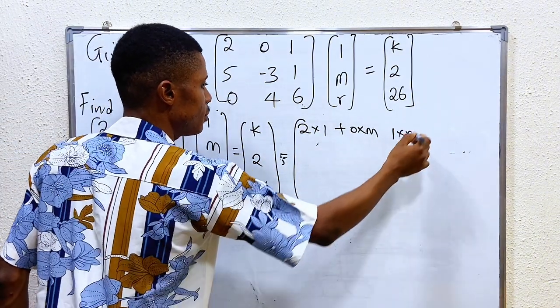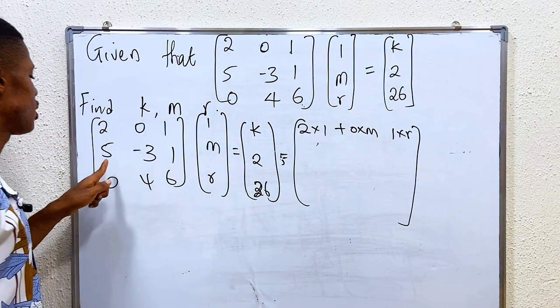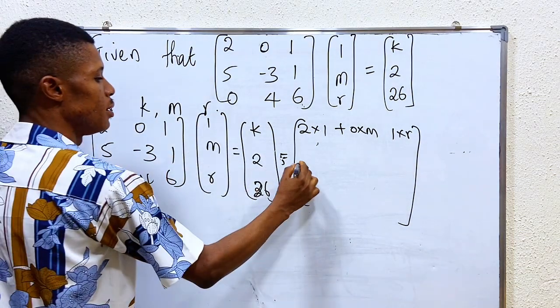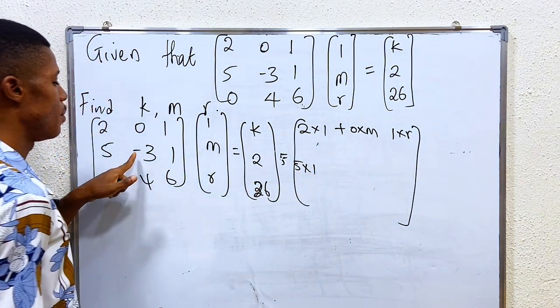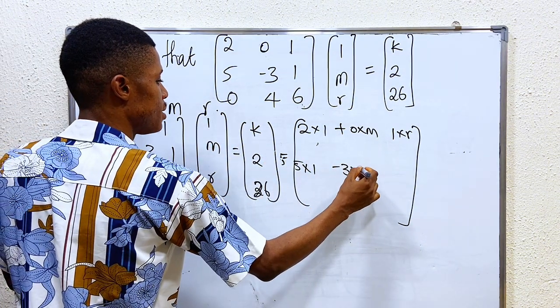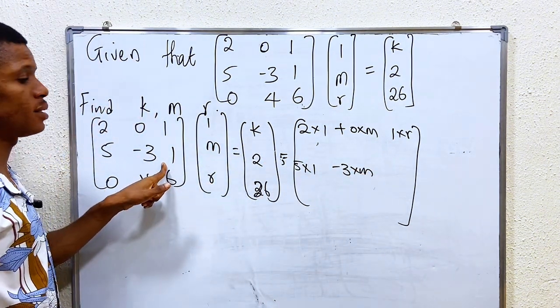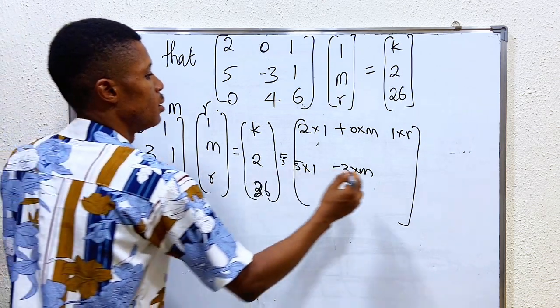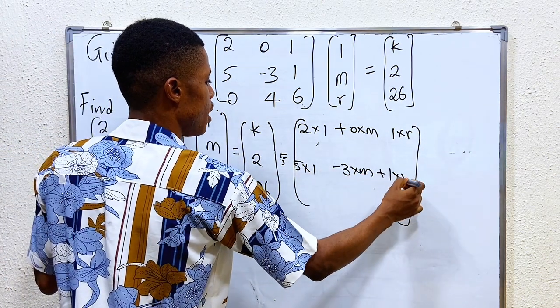Then the next one is 5 times 1, minus 3 times m, plus 1 times r.